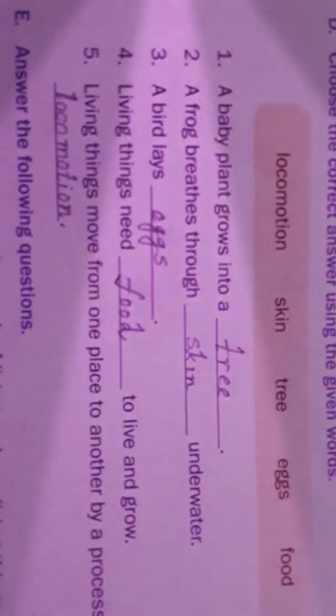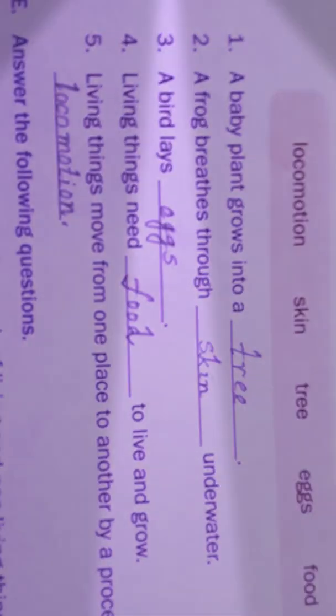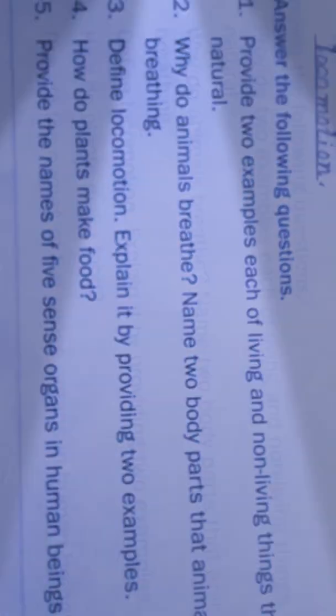Fifth one, living things move from one place to another by a process of locomotion. What is the spelling of locomotion? L-O-C-O-M-O-T-I-O-N, locomotion. Answer the following questions they have given here. Afterwards, I will give the answers in the form of assignments in our school app.